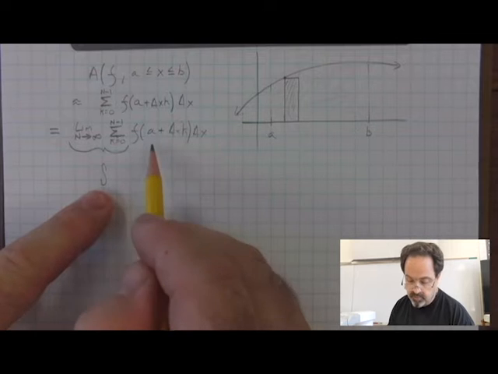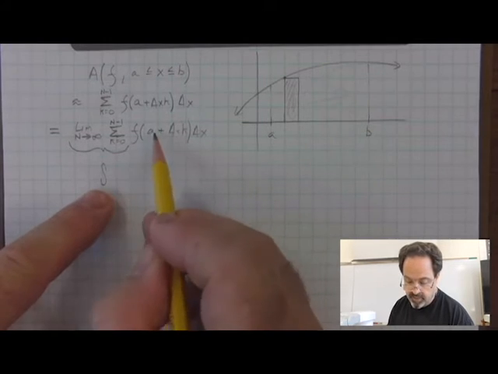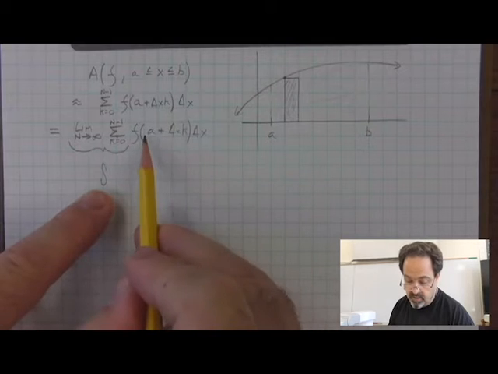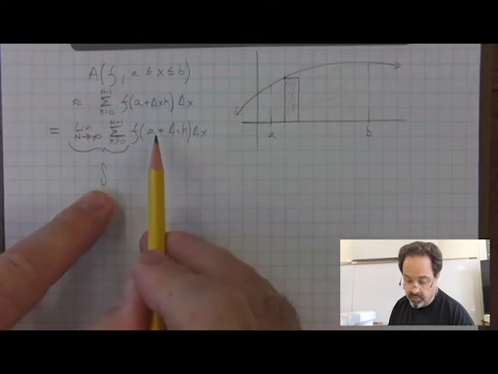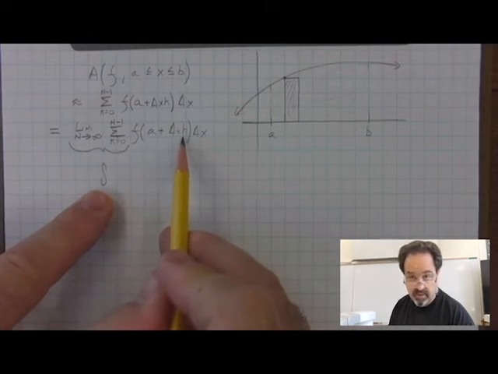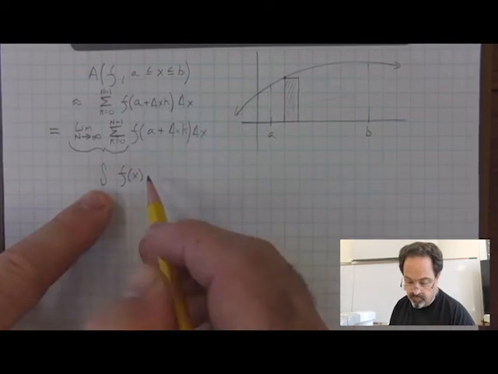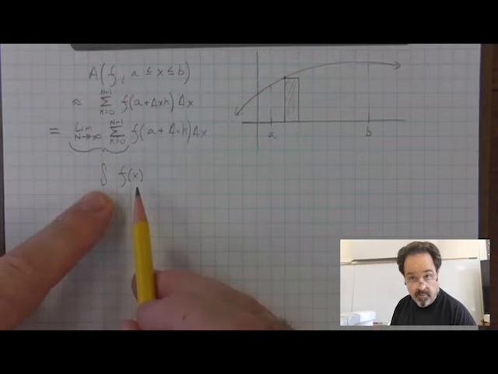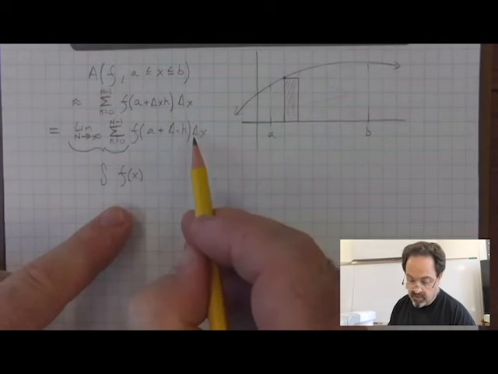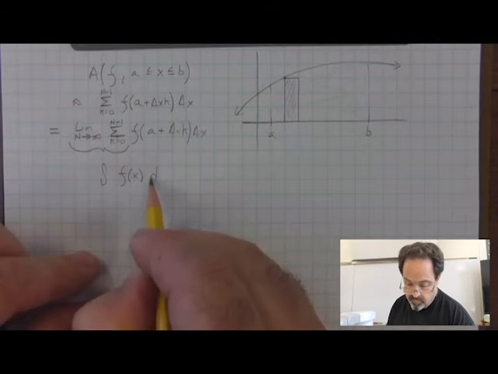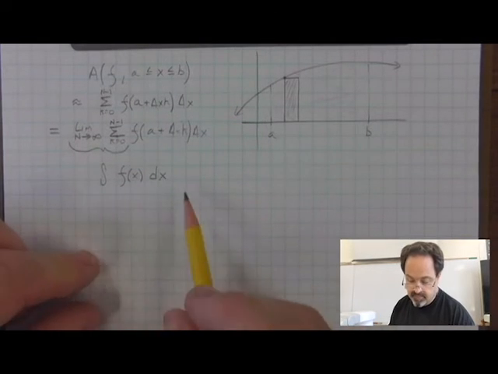When we change the sigma notation into the integral notation, the function does not need any longer the argument a plus delta x k. We can now work with just the function itself, f of x, unmodified. And this delta x, which represented the change in x, then changes form to be a dx.